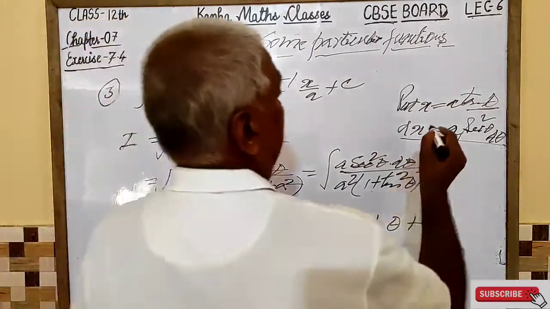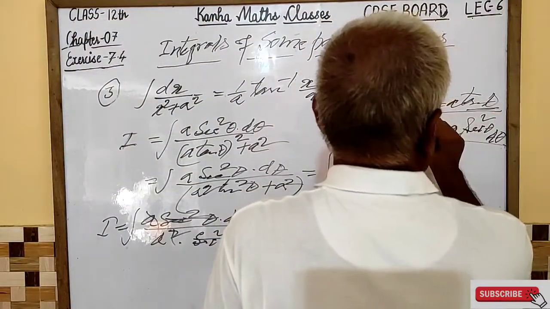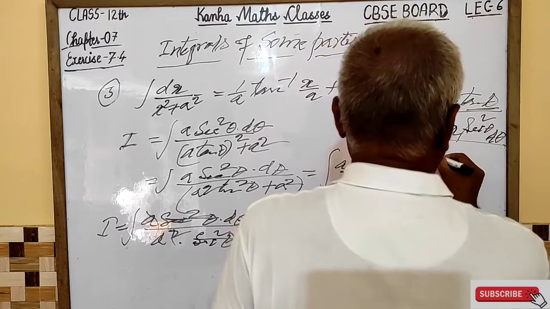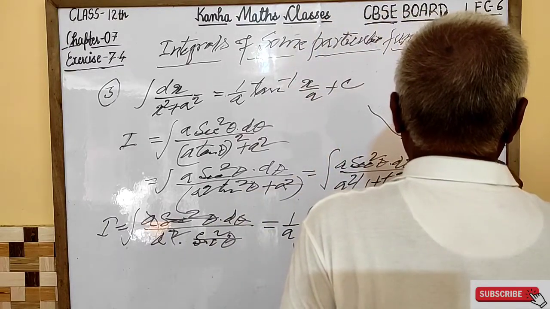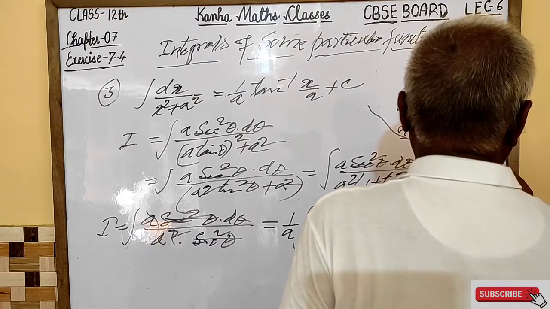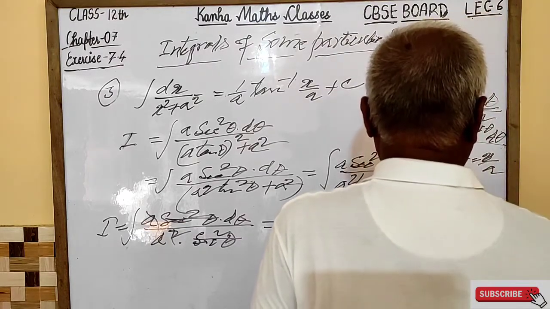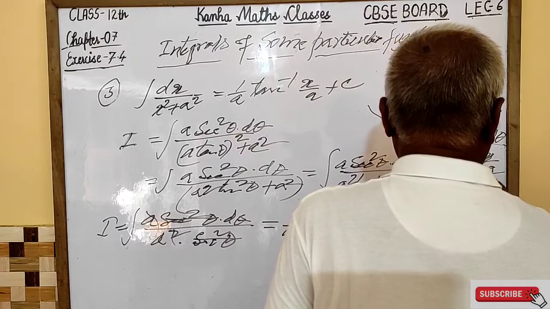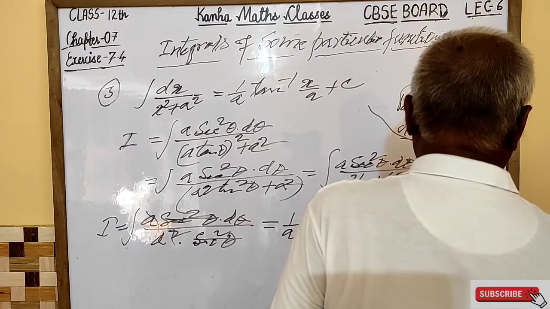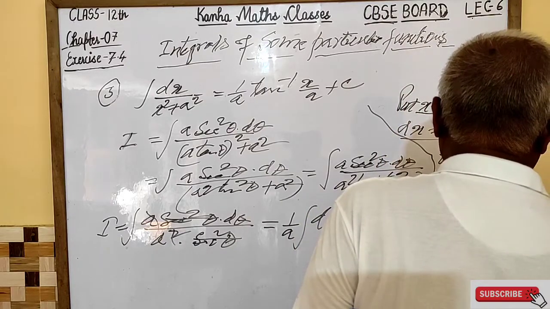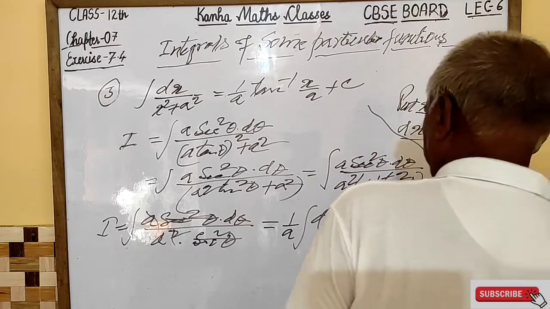Now here we have substituted x by a tan theta. It means tan theta is equal to x by a, hence theta is equal to tan inverse x by a.